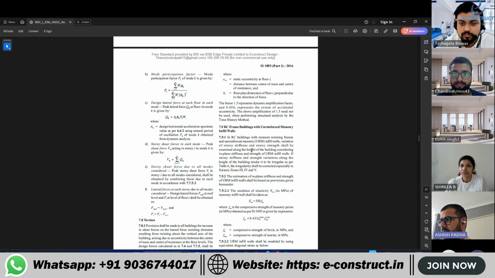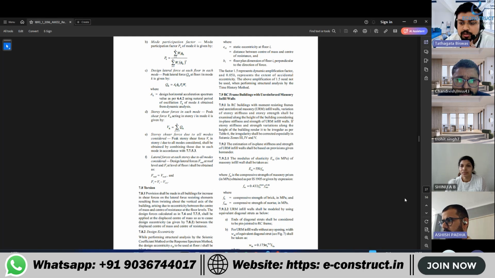The factor 1.5 represents dynamic amplification factor, and 0.05 represents the extent of accidental eccentricity. The above amplification of 1.5 need not be used when performing structural analysis by the time history method. So this amplification is only allowed for response spectrum method.